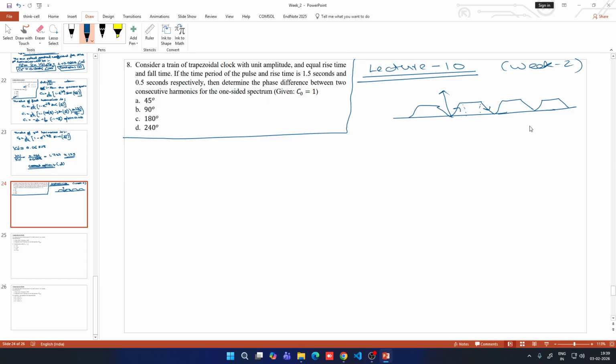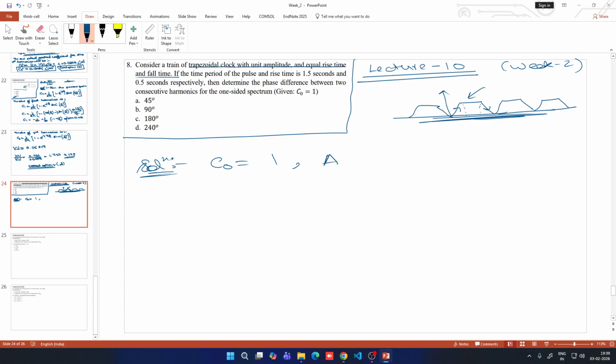So here I'm not going to derive again, find Cn and take the differentiation, because you already know the formula for this, so I'm directly going to use that. For this kind of standard pulse, this trapezoidal clock signal with unit amplitude and equal rise time and fall time, remember these formulas because they will be useful.